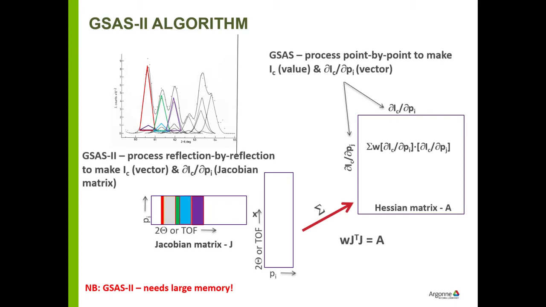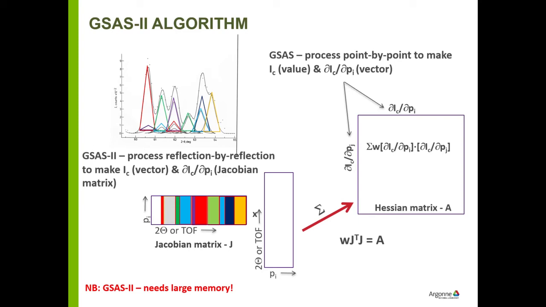And this, by the way, is very fast because there's no internal do loops. And the trick is that inside GSAS-II, these things are actually done with a little bit of Fortran, which is a very fast language. And you work your way all the way through, and I have to make sure I end on the last one there. And when you're finished with this matrix, you then multiply it by its transpose, that's that, and that gives you the so-called Hessian matrix, or the A matrix.